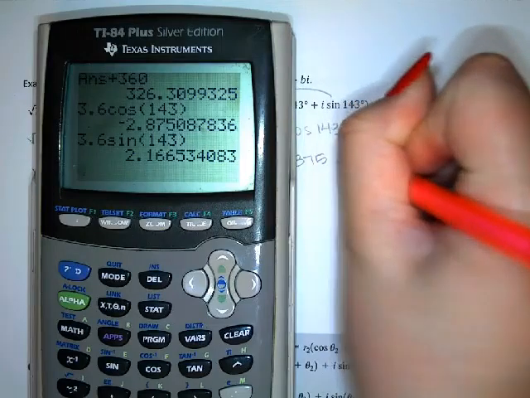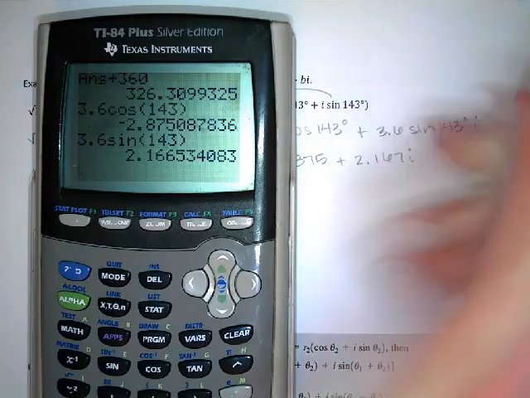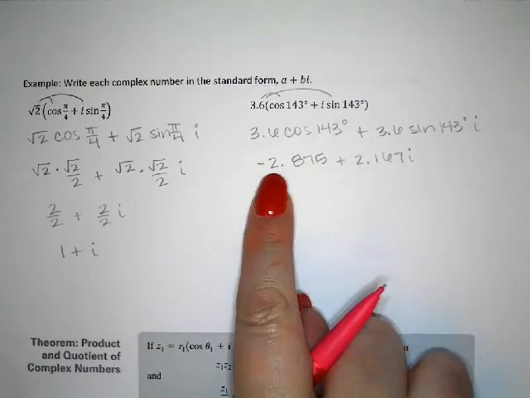And so this one is negative 2.875 plus 2.167i.